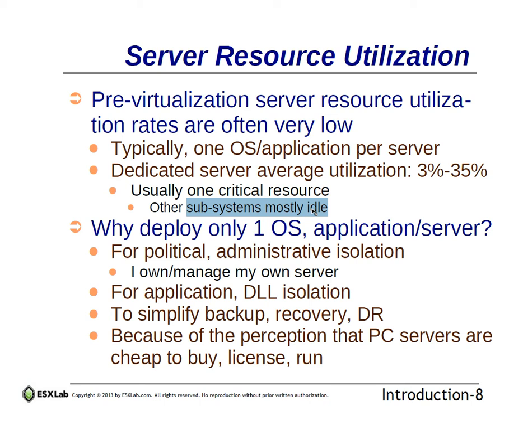So if I'm using most of memory, I might be using CPU lightly, network lightly, storage capacity and bandwidth lightly. So that begs the question, why do we do one OS and application per server? Well, for isolation reasons. I'm going to talk first about political and administrative isolation. Political isolation means it's my box, just mine, nobody else's, everybody else stay off. That's not uncommon in most organizations.